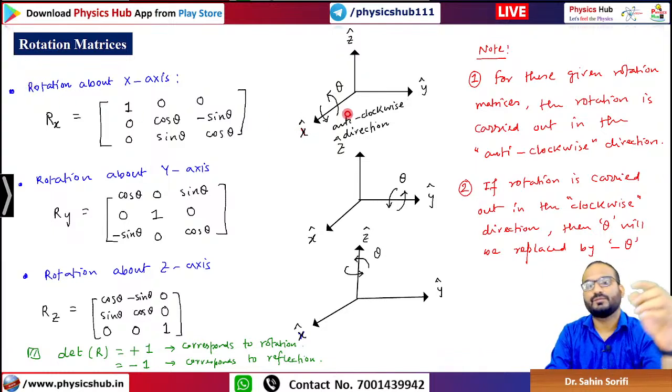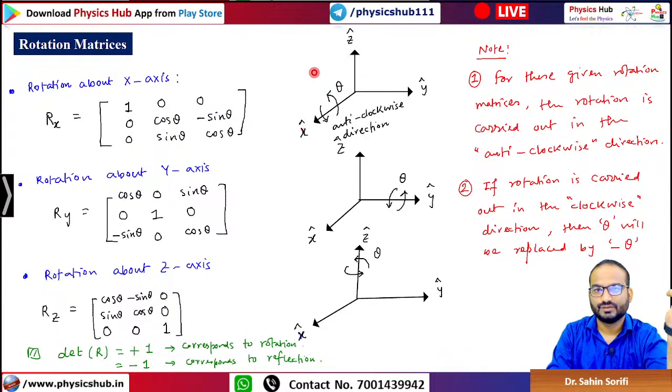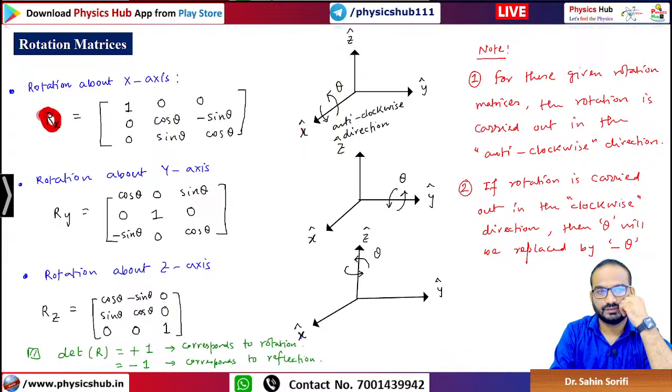Let's say you may be given a vector, then it may ask you, like, this vector has been rotated in the counterclockwise direction by some angle. This theta value will be given, let's say 30 degree or 45 degree. What will be the new vector? In this way the question will be framed. So these are very standard results which you should remember.